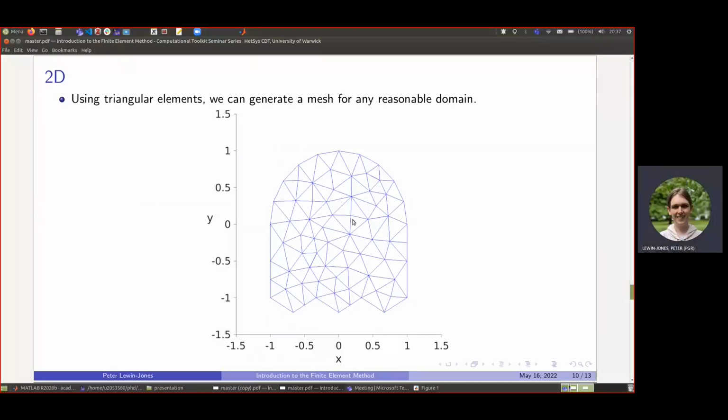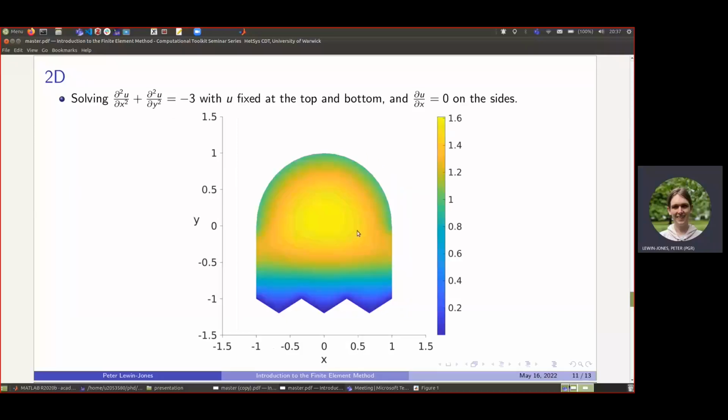Then what we can do is do those integrals, find the solution of where that big residual r was 0, and then get a solution that looks nicely like this. So here is where I've taken the Laplacian of u equal to -3 as a source function. I've fixed u at the top, so I fixed it to 1 on that circle at the top of the domain. I fixed it to 0 on the little zigzag at the bottom of the domain.